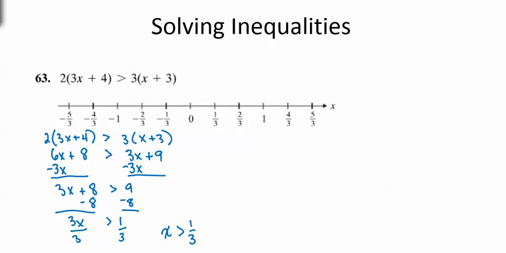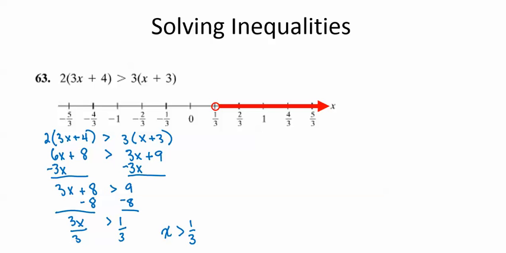Therefore, I begin with an open circle at 1/3, shade in the direction of the solution, which is to the right, and there you have it. So these are examples of solving inequalities that involve the distributive process.